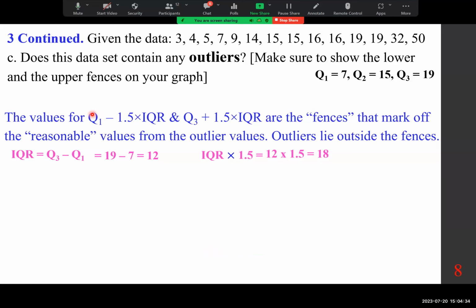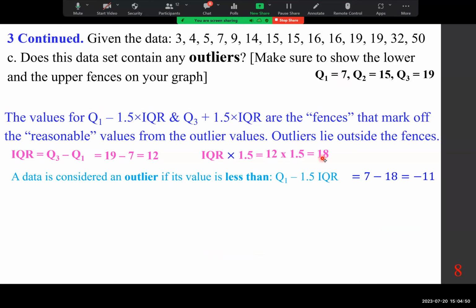Now we're going to follow this formula. Q sub 1 minus 1.5 IQR, which means 7 minus 18, that gives us negative 11. So anything less than this number is an outlier. Or Q sub 3 plus 1.5 times IQR. So that means 19 plus 1.5 IQR, which is 18.